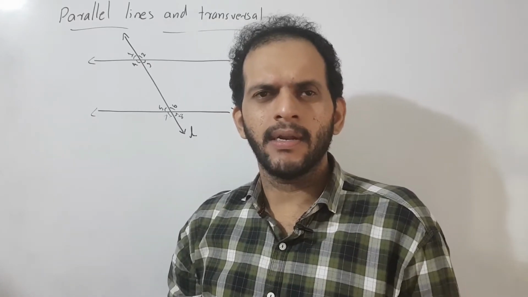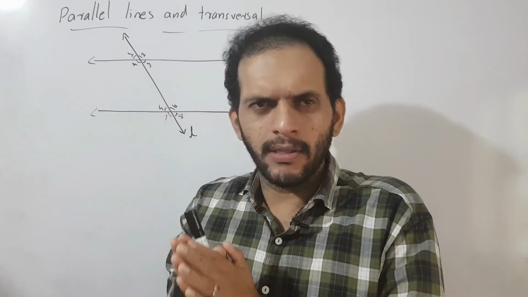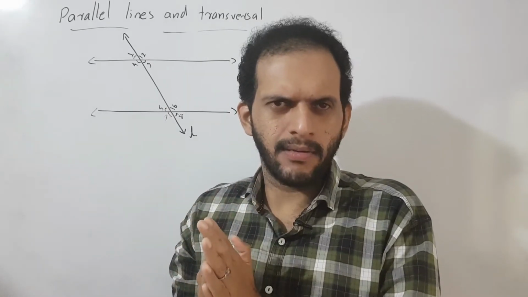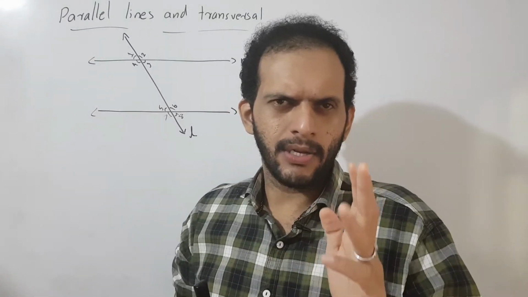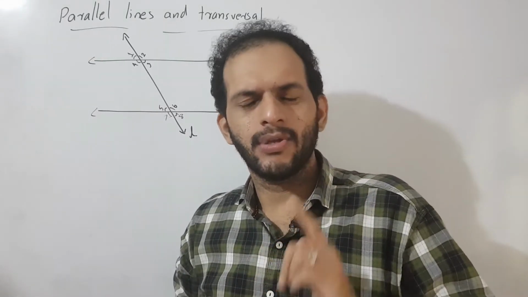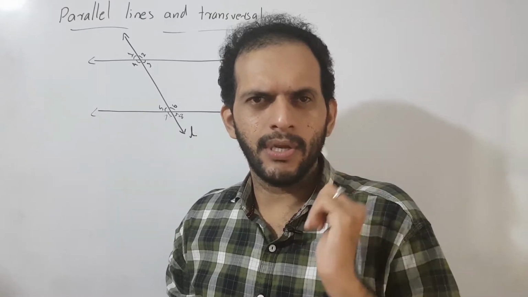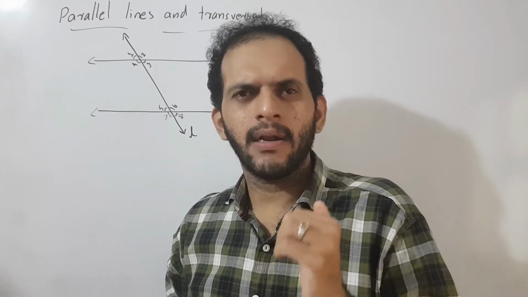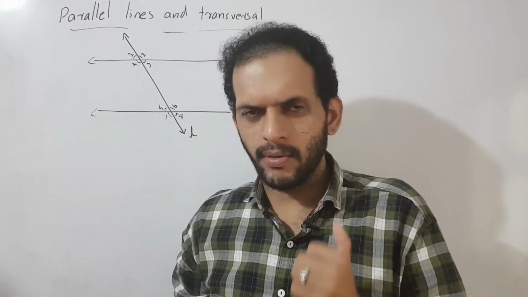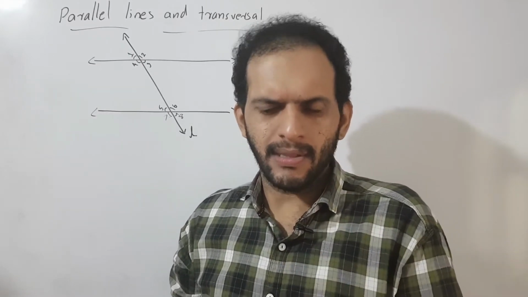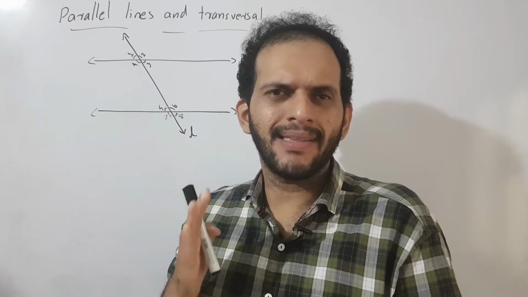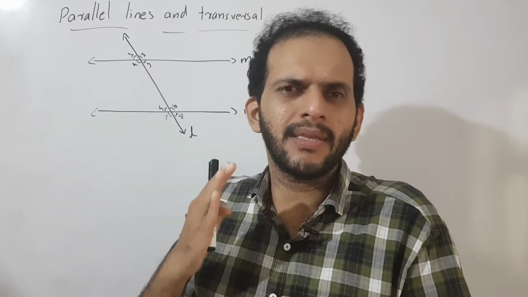Okay, then the position of these angles is very important. What are they? Corresponding, alternate interior, alternate exterior, and co-interior. What is the other name? The angles on the same side of the transversal. That one we simply call co-interior angles. These angle positions and these angle properties are very important.